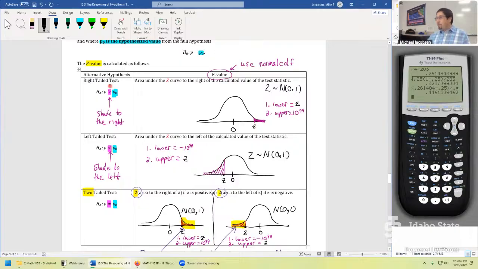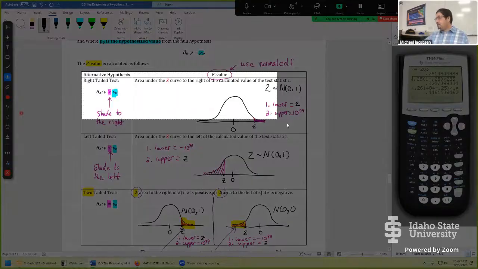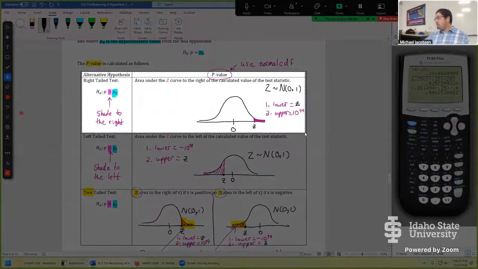That's kind of satisfying in a way. There's parallelism here. If you use the greater than sign, you're thinking right-tailed, which means shade to the right. So it's kind of encapsulated right here. Let's put the whole thing on the notes just for another quick reminder on how we get this p-value out.